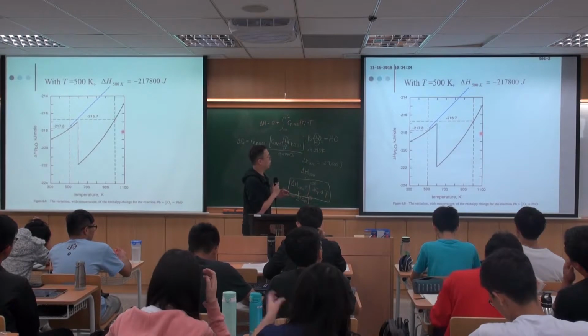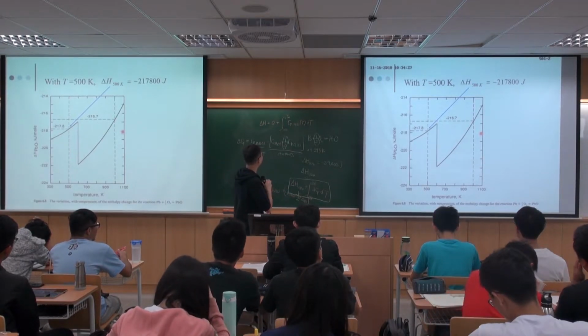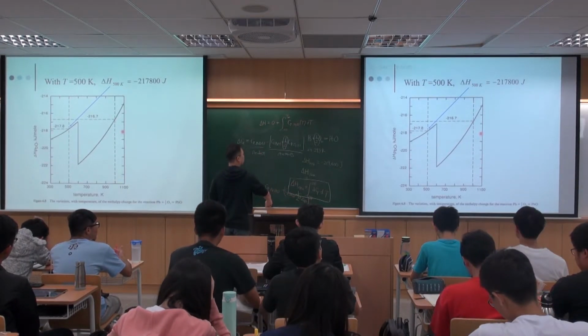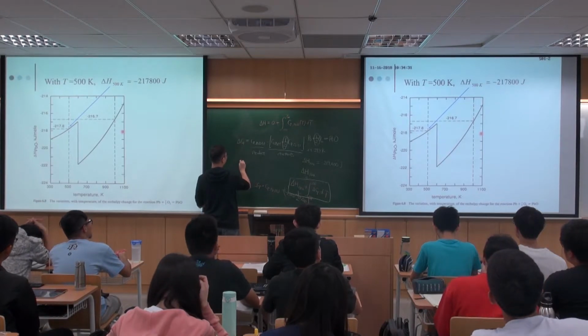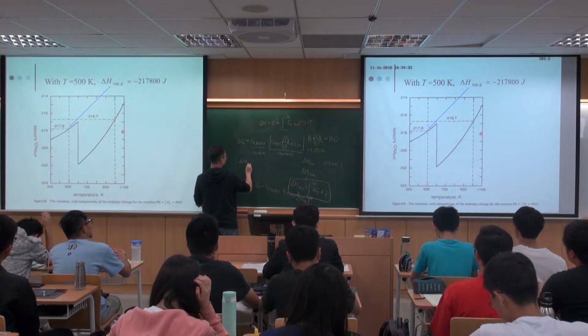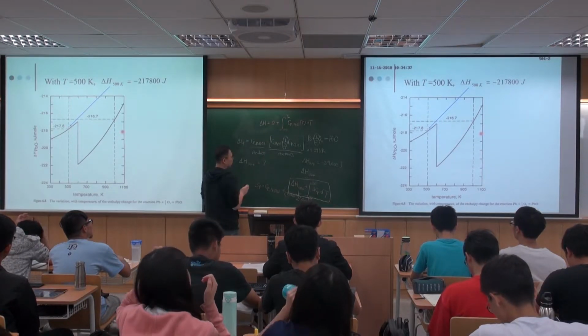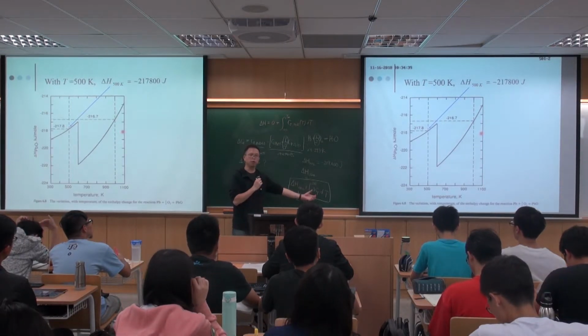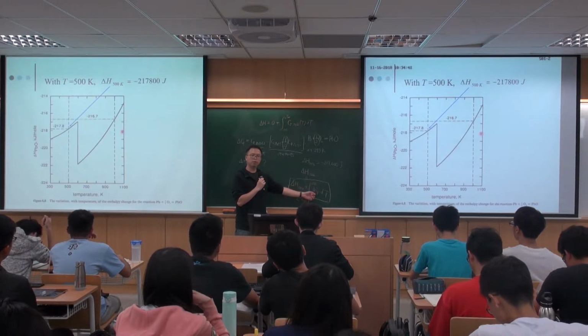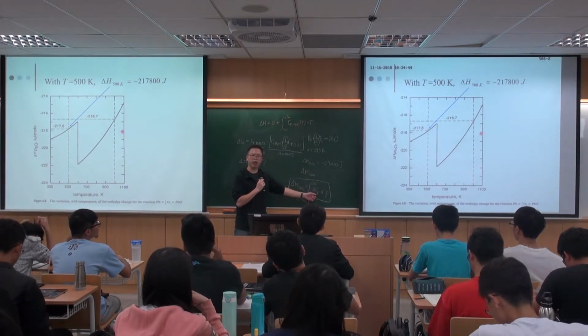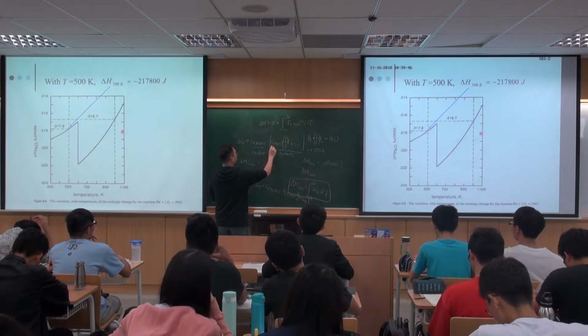Which means that if you are trying to calculate, for instance, if you want to know delta H at 700 Kelvin, then you cannot just use this formula, right? Because we know that the Cp will change for this one.